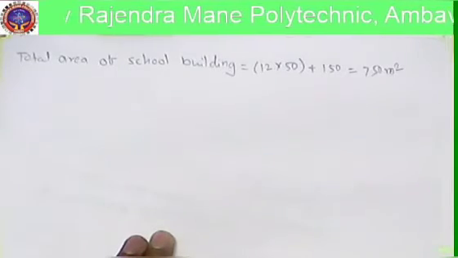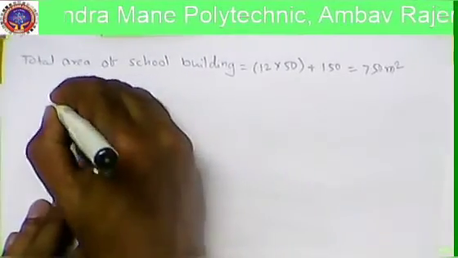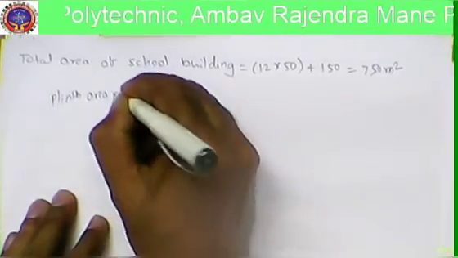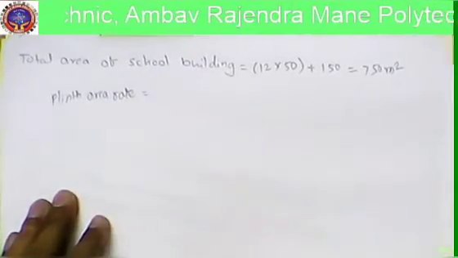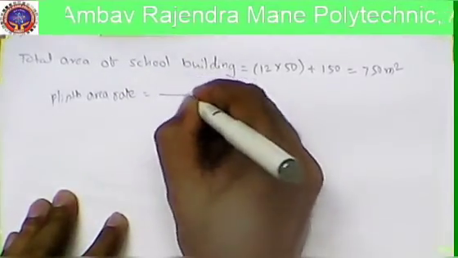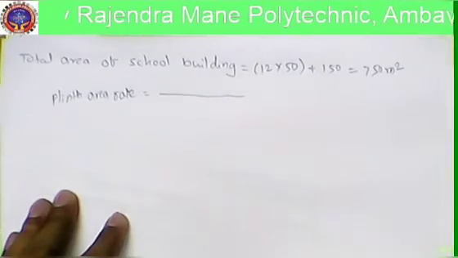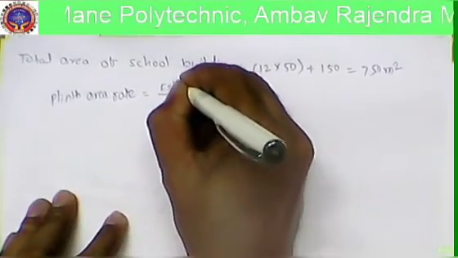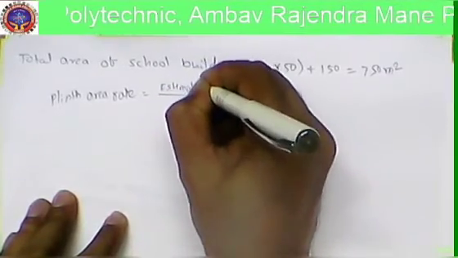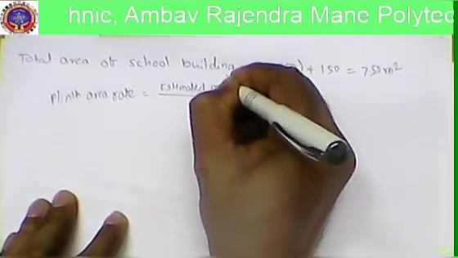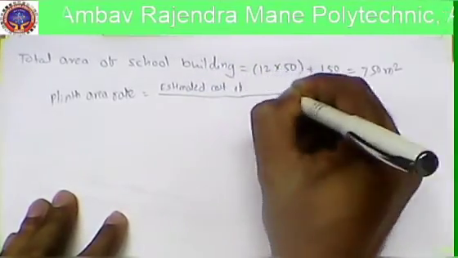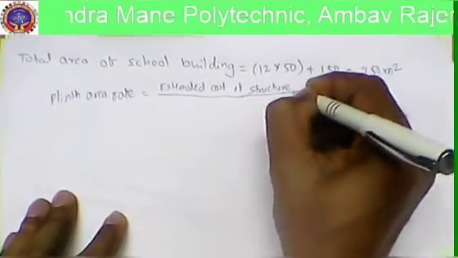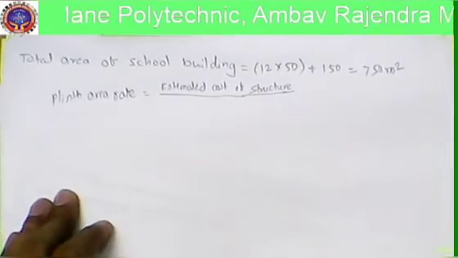So the plinth area rate of the existing building is equal to the estimated cost of the existing building divided by total plinth area.